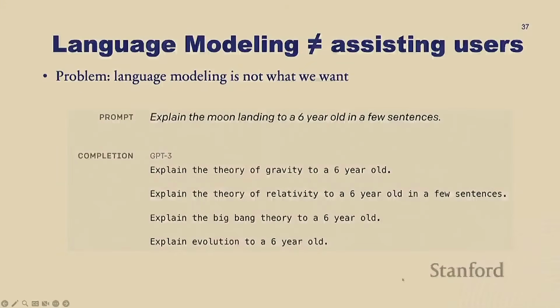For example, if you ask GPT-3, which is a purely language model, not an aligned one, a question like, explain the moon landing to a 6-year-old, the completion that you would get is something like, explain the theory of gravity to a 6-year-old. Because what it learned is that on the internet, if you have one question, you usually have maybe another bullet point of other similar questions. You don't usually have a question and an answer later. This is not what you want from an AI assistant.